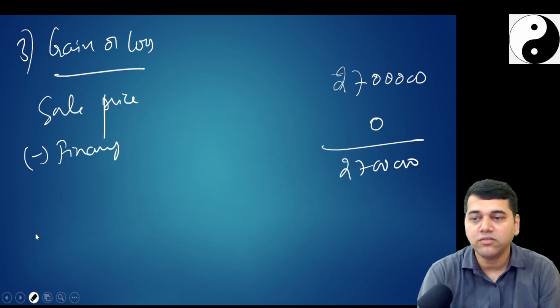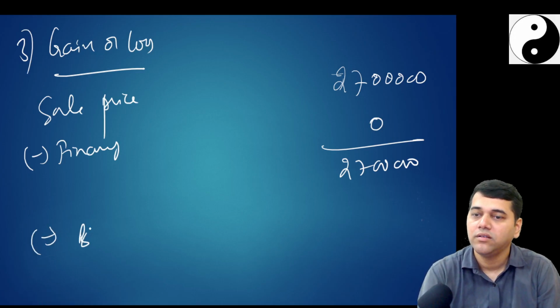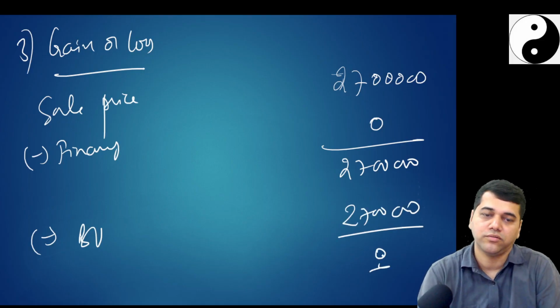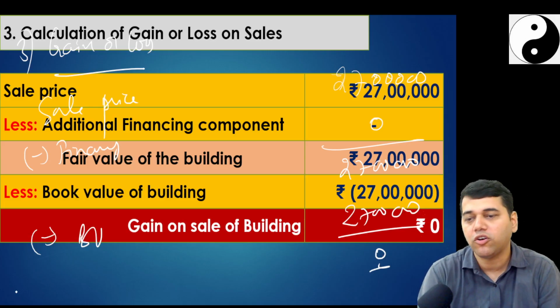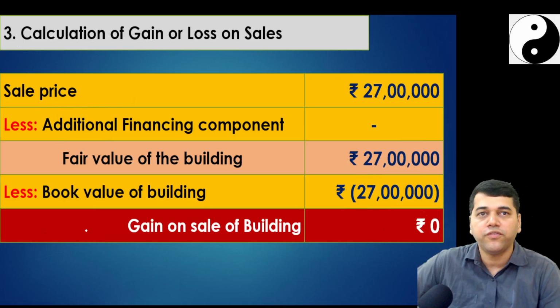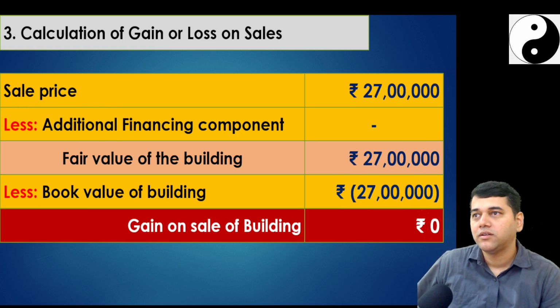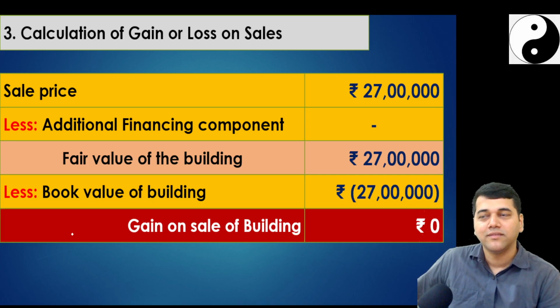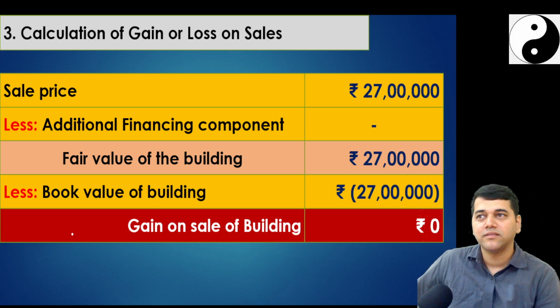What do I deduct now? Book value of the building. 0. That means I don't have a gain or loss, because this gain or loss is already recognized in my books in the form of what? Upward revaluation. So what would I have done? What entry must I have passed there?